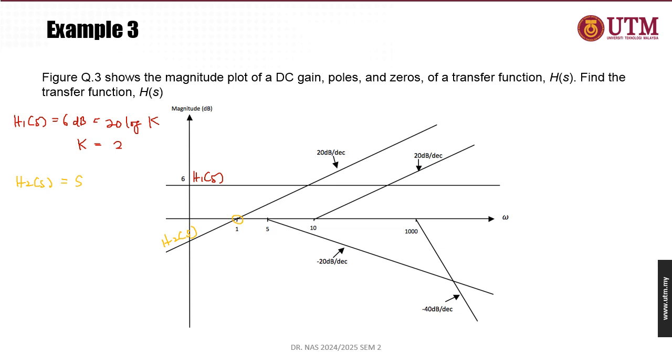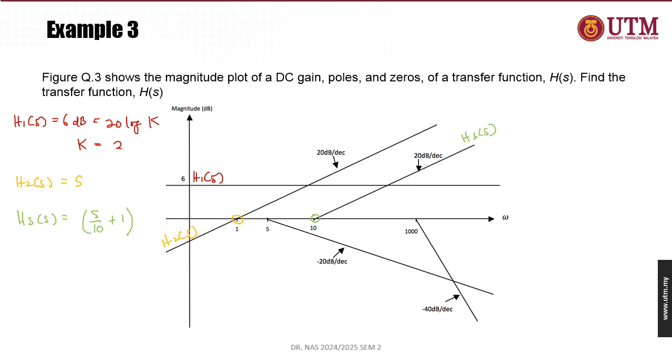Okay, next, look at the zeros at 10. You have one equation, zeros at 10, we call it H3(s). So in this case, H3(s) equal to s divided by 10 plus 1. Okay, so you have completed the zeros part.